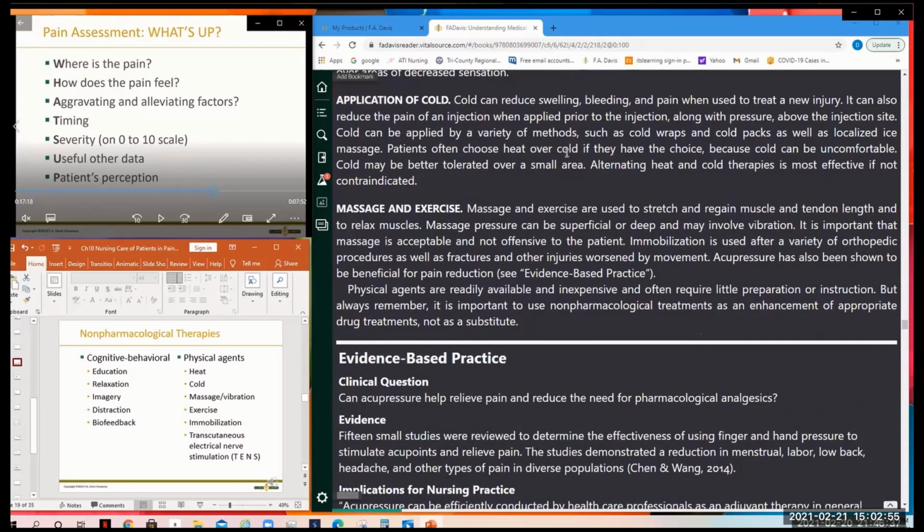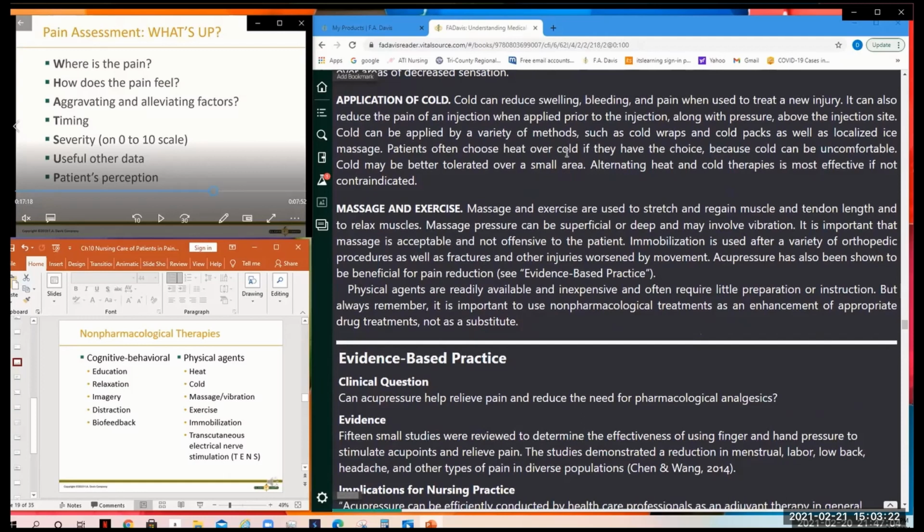Cold can be applied by a variety of methods, such as cold wraps and cold packs, as well as localized ice massage. Patients often choose heat over cold if they have the choice because cold can be uncomfortable. Cold may be better tolerated over a small area.